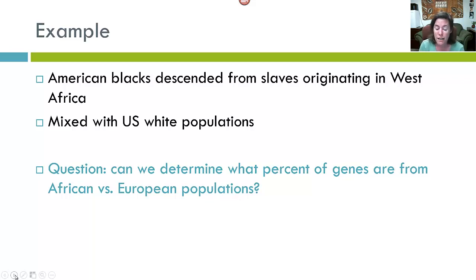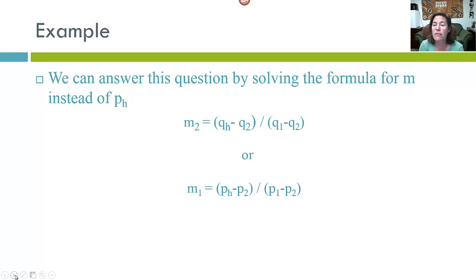The question is, can we determine what percent of the genes that are in American blacks are actually from their African roots or from their admixture with the European U.S. white populations? We can actually solve this question by solving the formula for M, for relative contribution, instead of the proportion of dominant alleles in the hybrid population.